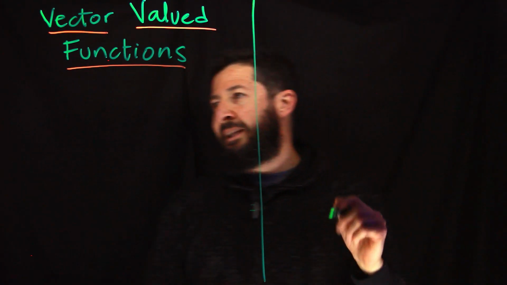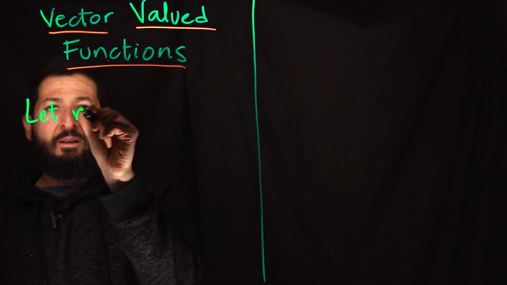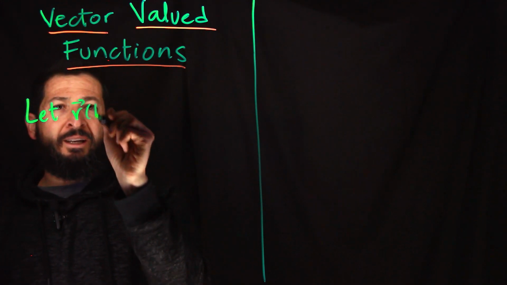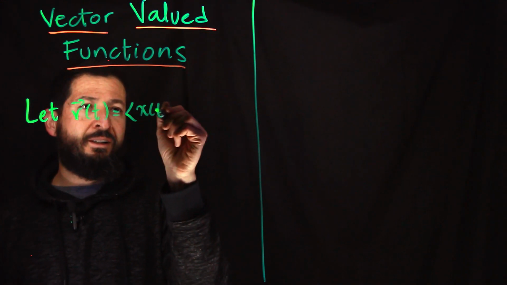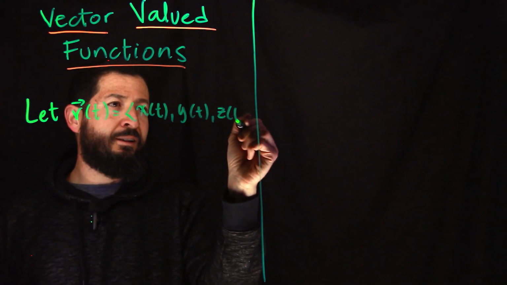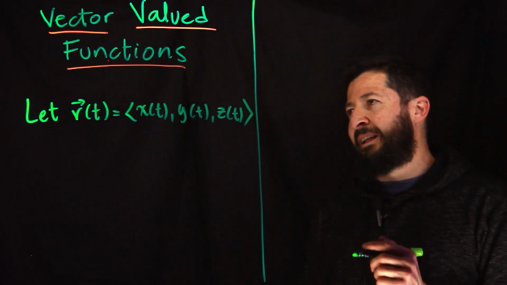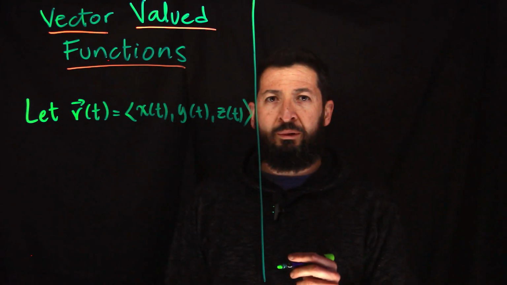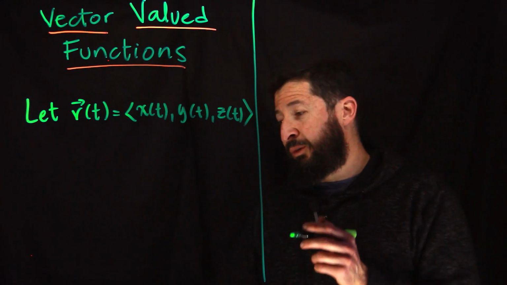All right, so let's take a look at the derivative. So let's say that r is going to be given again in terms of x, y, and then z. It doesn't have to be three-dimensional. I'm going to write it like that because that's the most general we'll do, but we can do it in general. We can do it for 2 dimensions.